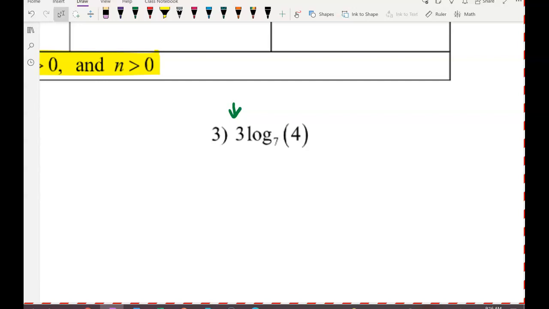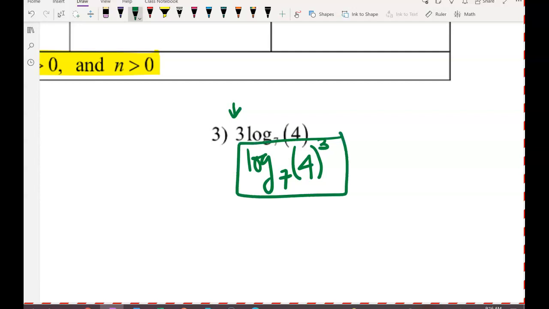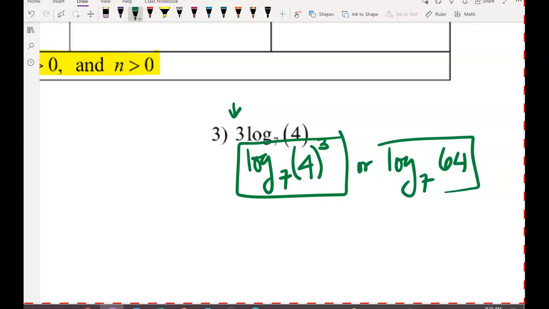What do you do when it's a multiplication of a log? Log base 7 of 4 to the power of 3. You are correct. Someone tell me what 4 to the third is. Okay, so log base 7 of 64 is another acceptable answer.